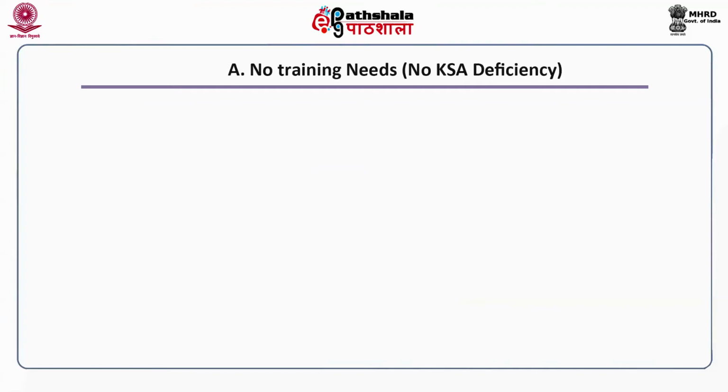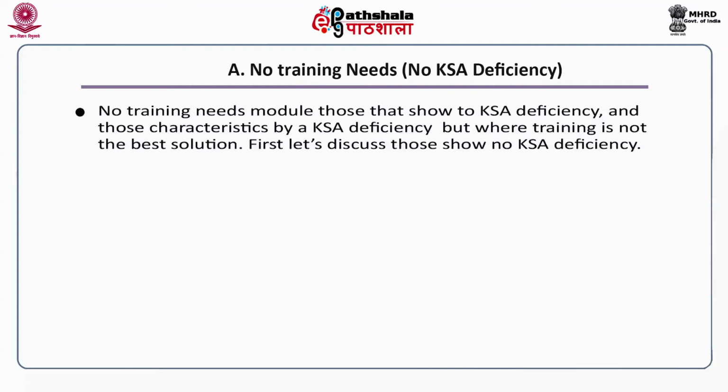No training needs, that is, no KSA deficiency. Non-training needs are those that show no KSA deficiency, and those characterized by a KSA deficiency but where training is not the best solution. First, let's discuss those who show no KSA deficiency.